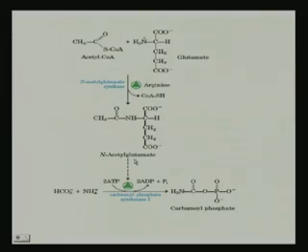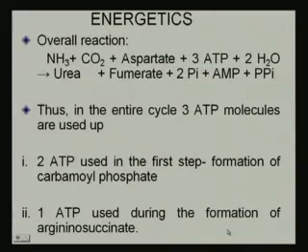This way N-acetyl glutamate is controlling or accelerating the rate of carbamoyl phosphate production in the cell.